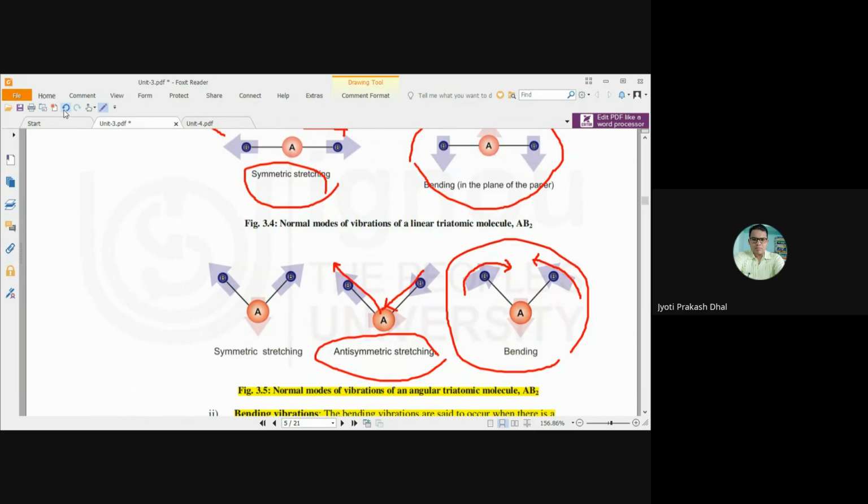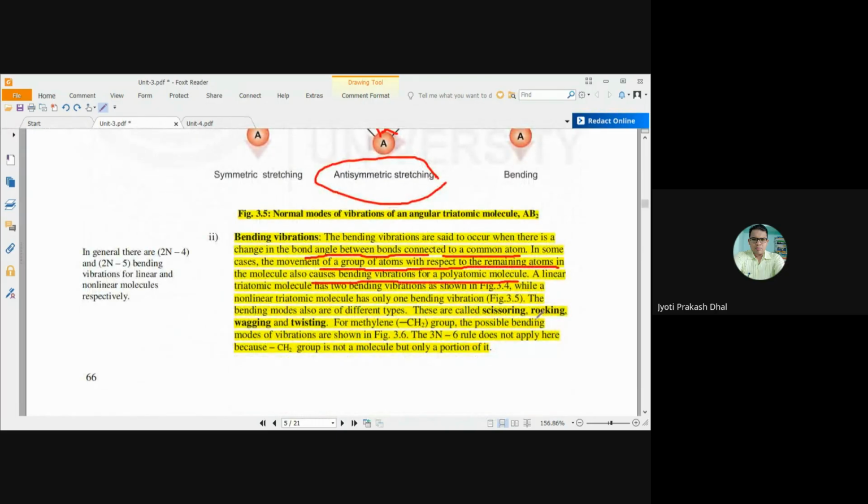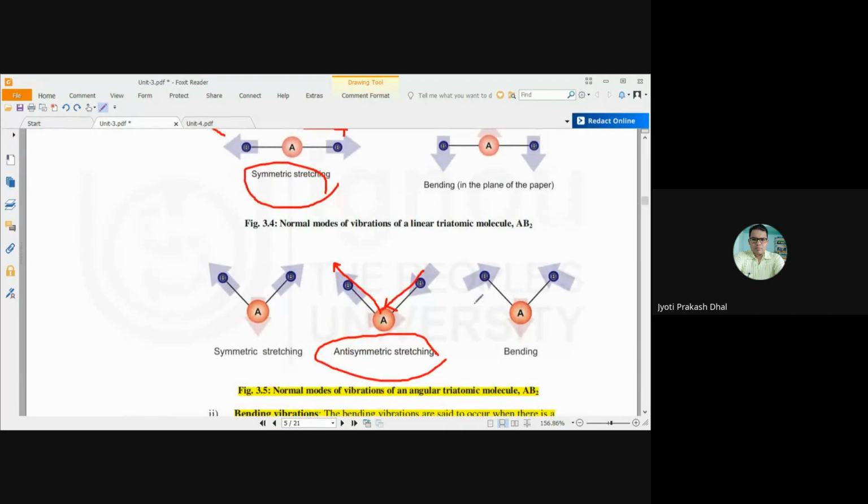So here we will discuss what is scissoring. For scissoring, the atoms bend towards each other just like a scissor. This is called scissoring. Then this is wagging. And then this is called rocking.